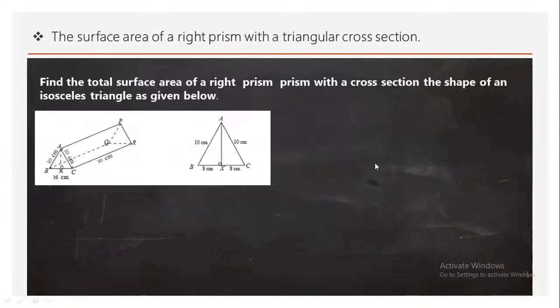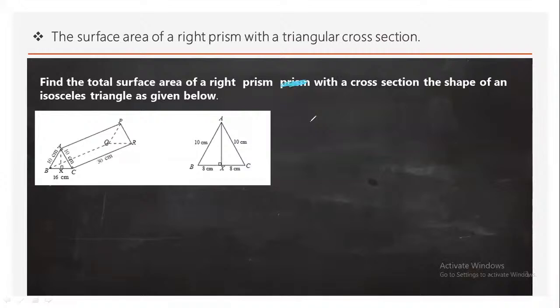Here, the surface area of a right prism with a triangular cross section. So we are going to talk about triangular prisms only. Find the total surface area of the right prism whose cross section is the shape of an isosceles triangle as given below.